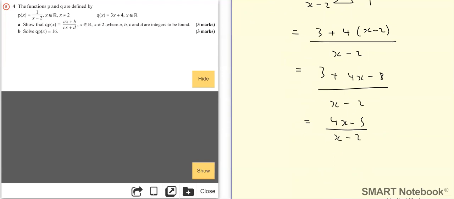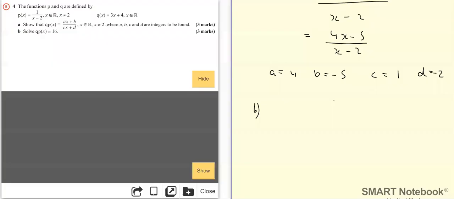If you didn't get that right, can you identify where you've gone wrong, please? So in that form now, A equals 4, B equals -5, C equals 1, and D equals -2. And what we can say is 4x minus 5 over x minus 2 equals 16, where we need to solve for x.